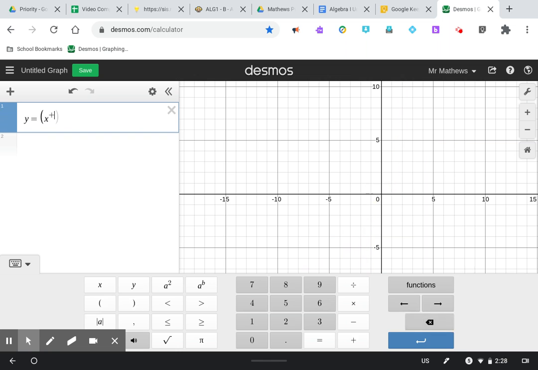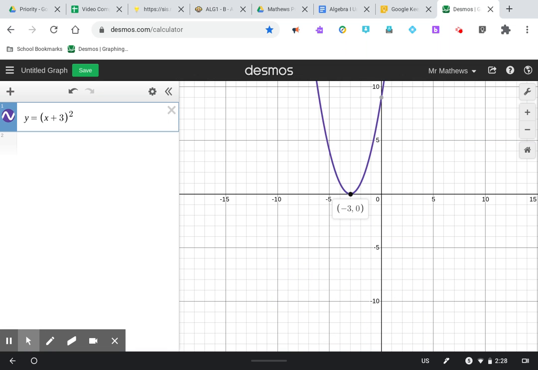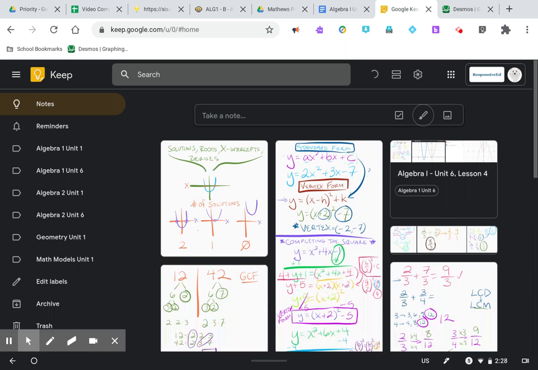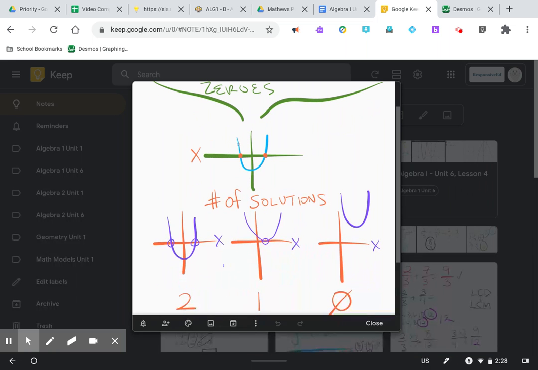Here we go. x plus 3 squared would be an example of one where we just have a single x-intercept. This graph comes down, it touches the x-axis, and then goes on its way. It only touches at a single spot. That would be an example of a graph that has one solution, as you see right here.